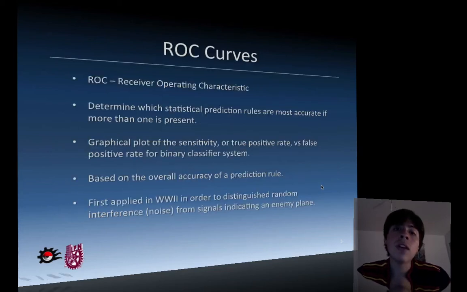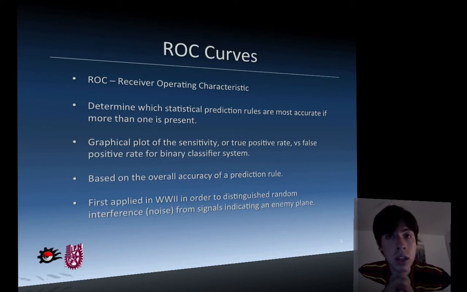Then we have the ROC curves. Well, these plots, plain and simple, are helpful in order to see graphically the concepts we just saw in the previous matrix, in the previous table. ROC means receiver operating characteristic, and pretty much this curve determines which statistical prediction rule is most accurate if more than one is present.